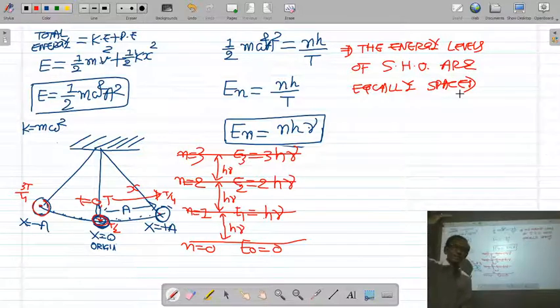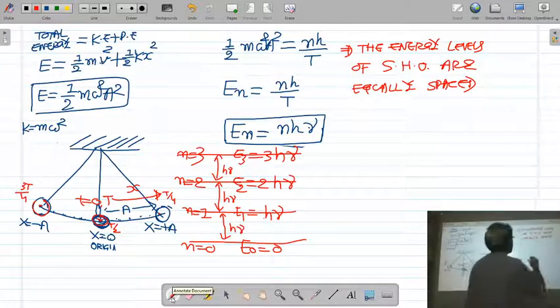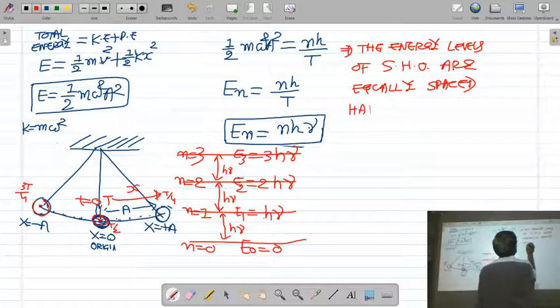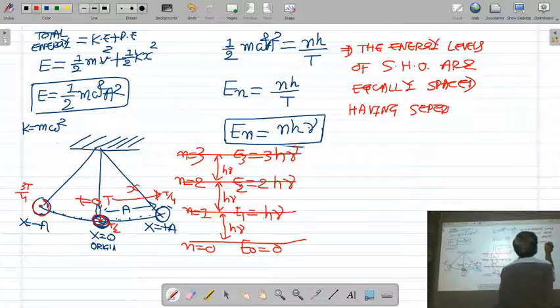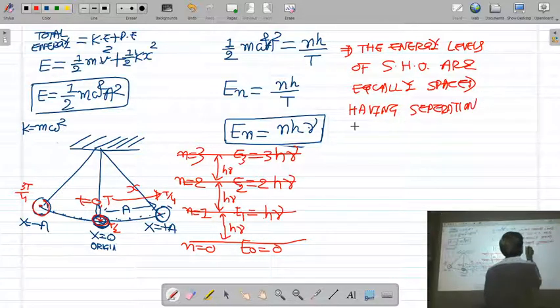A ladder has equally spaced steps. Similarly, just like a ladder, the energy levels of the simple harmonic oscillator are equally spaced, having separation h nu between consecutive energy levels.